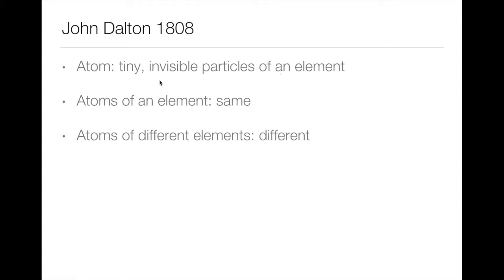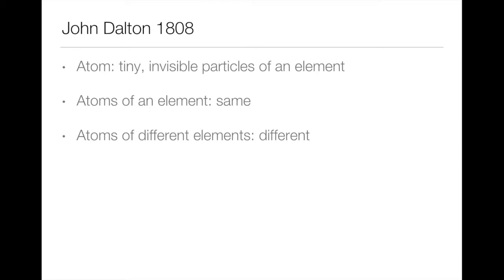The word atom means a, which is a negative syllable, and tom, which comes from the word temnein, which is cut. An atom is supposed to be something that cannot be cut. It's the fundamental particle of all matter. But we now know that it can be cut and we've got subatomic particles, but this name has still stayed.